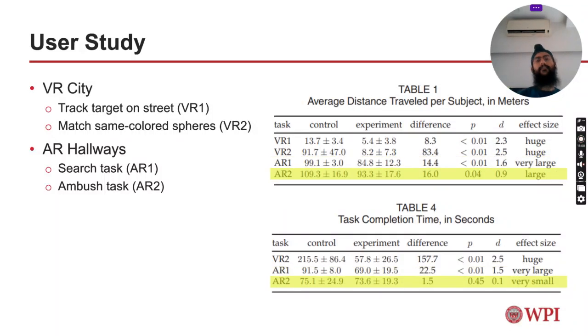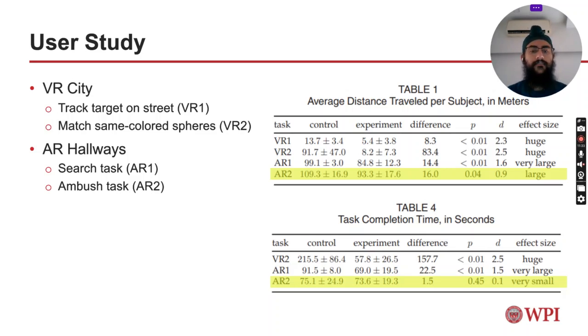Then they did a similar task where instead of searching for the target, they had to ambush the target. If they were detected by the target, then the target would start running away. And then they would have the option of either chasing down the target or trying to go around some hallways and find the target at a different place.